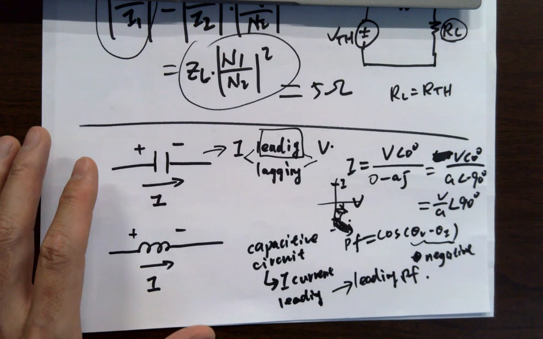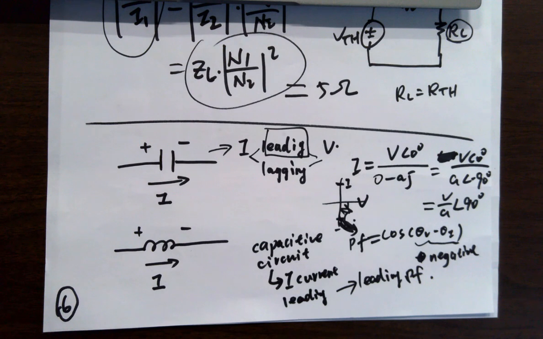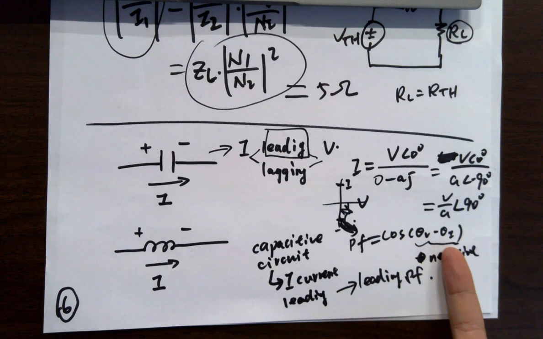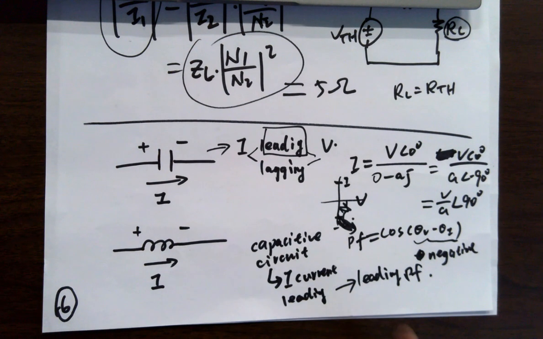How do we find out? We're not talking about the current, we're talking about the power factor. You just find out if current is leading or lagging, right? If current is leading, power factor is leading. If current is lagging, power factor is lagging.